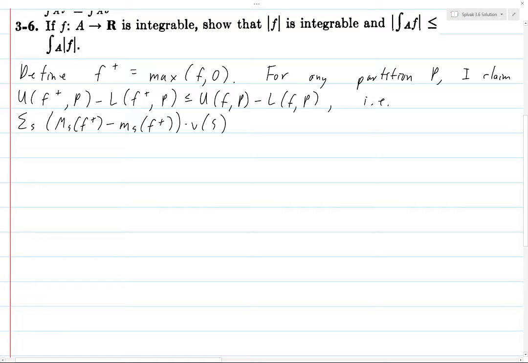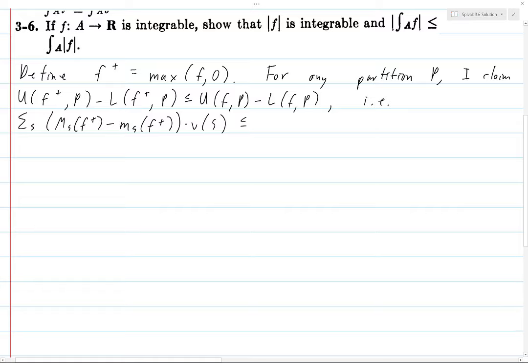And the reason I do that is because U(f plus, P) is the sum over all S of M_S(f plus) times V(S), and L(f plus, P) is the sum over all S of lowercase m_S(f plus) times V(S). And so you combine like terms because you're using the same partition, and then you factor out the V(S) and you get this form.